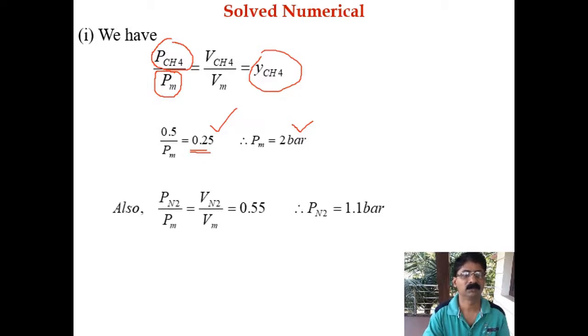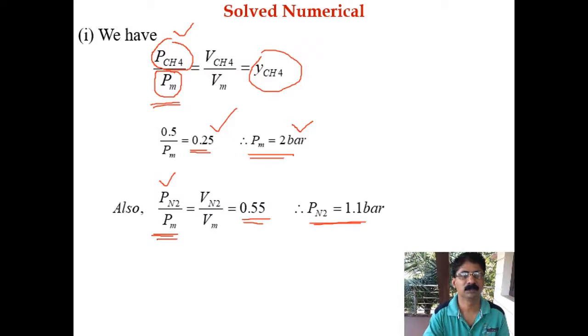Similarly, you are given the volume fraction or the mole fraction of nitrogen. Now use this ratio of partial pressure to mixture pressure, and you will get the partial pressure of N2 as 1.1 bar, because just now you found Pm. So use Pm here because PN2 is not given. Only the partial pressure of methane is given, so using that you found the total pressure of the mixture.